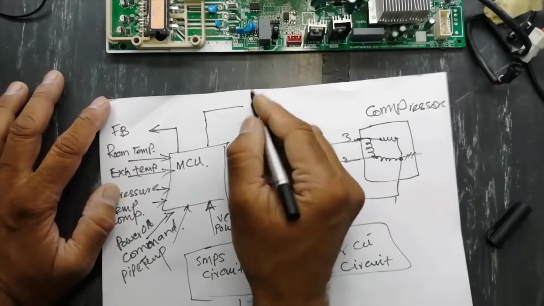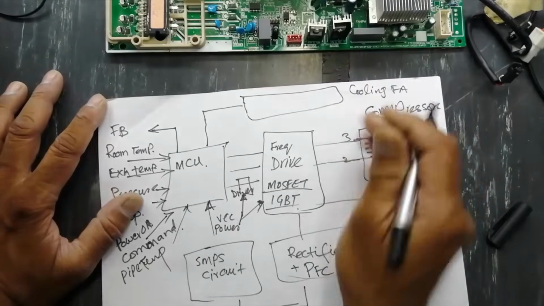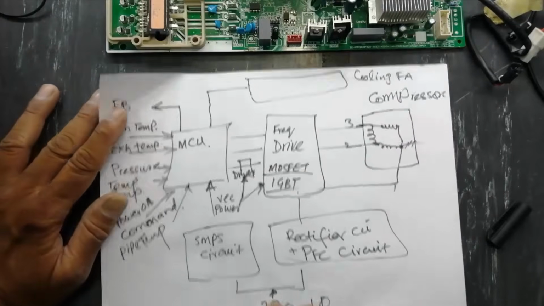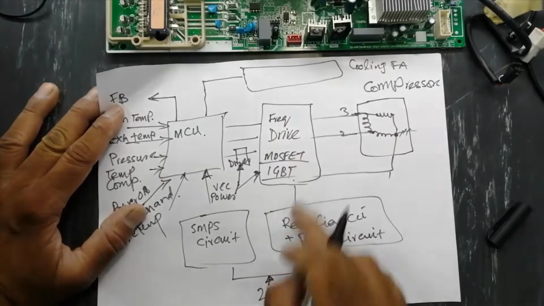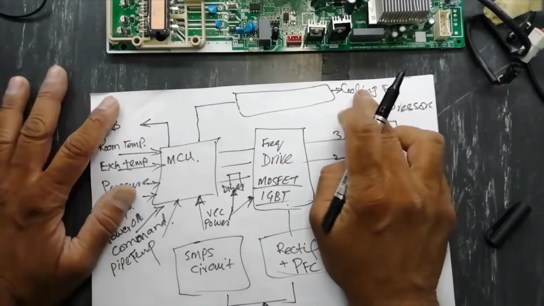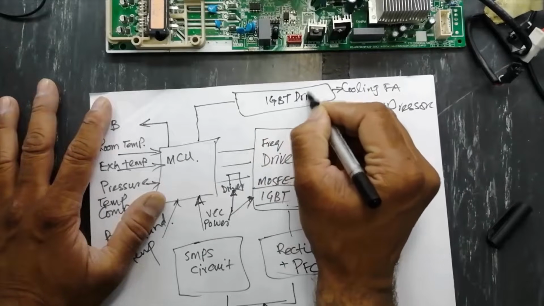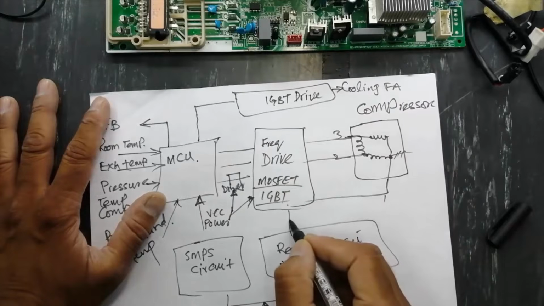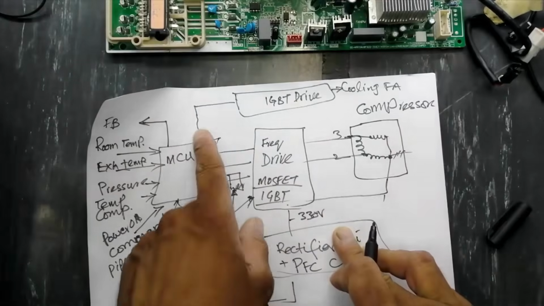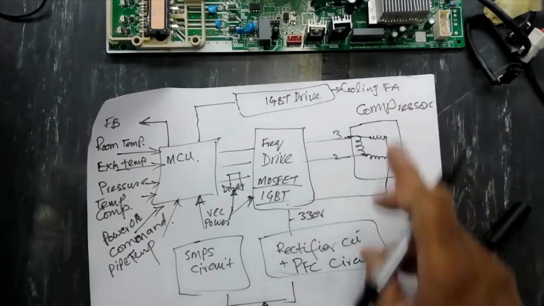It will also need to run a cooling fan. Sometimes it has a relay that connects 220 directly. If it has a DC motor, then we have an IGBT drive, and we apply this 330 volt, and this processor will also drive the same set here and run the cooling fan.